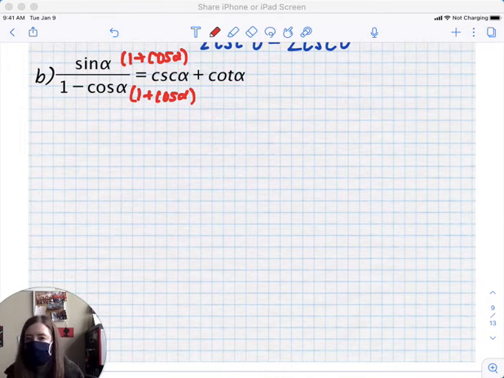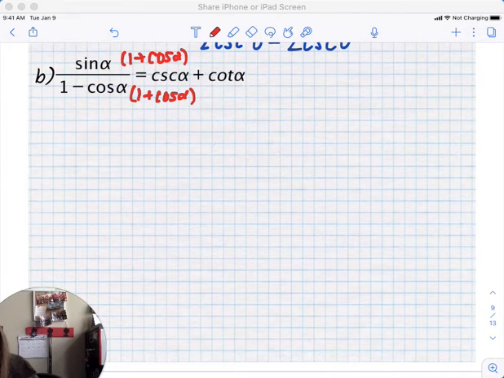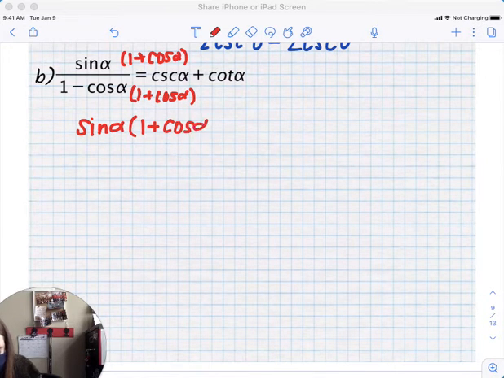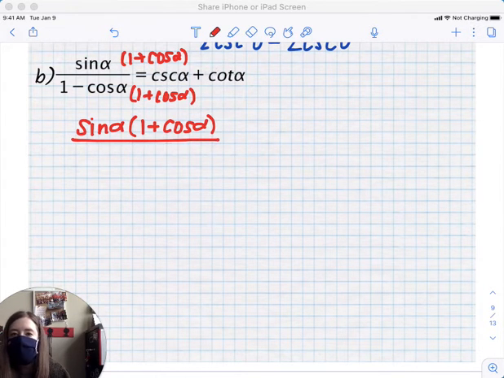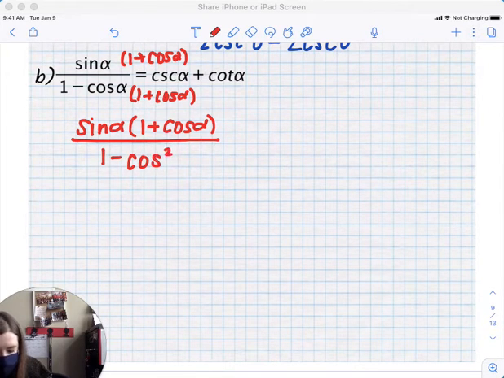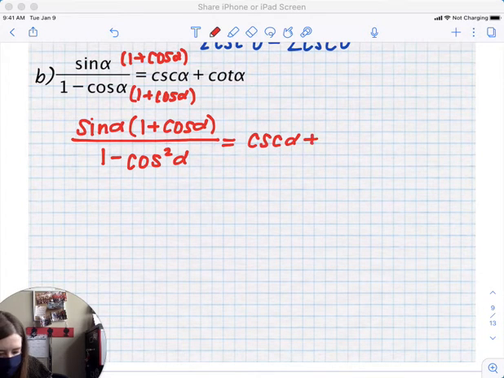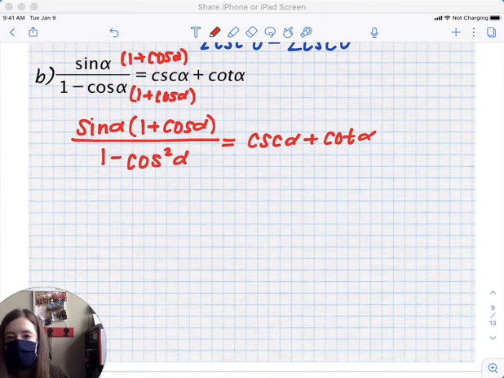Now, I'm not actually going to multiply out the numerator. I'm going to keep it as sine of alpha times the quantity 1 plus cosine alpha over. And then you're more than welcome to multiply this out. But if you know how conjugates work, you know this is going to end up being 1 minus cosine squared alpha. All right, so we have 1 minus cosine squared alpha down there in the bottom.